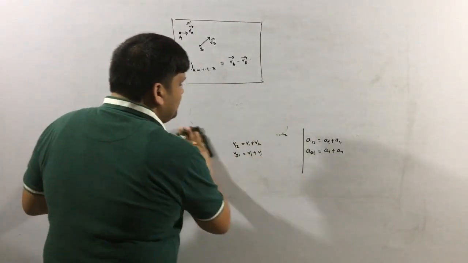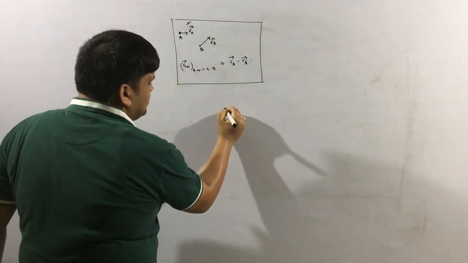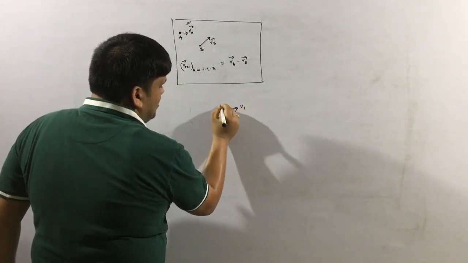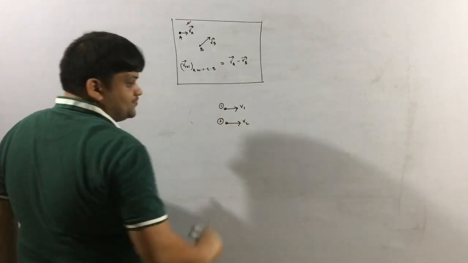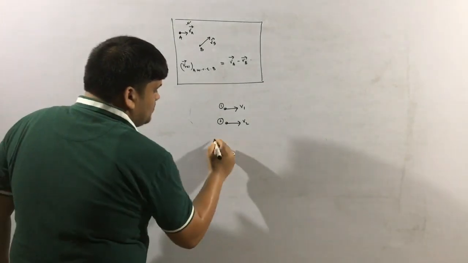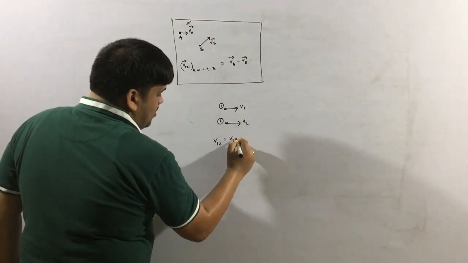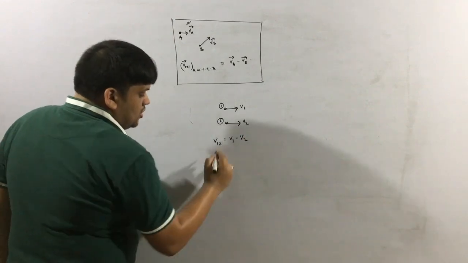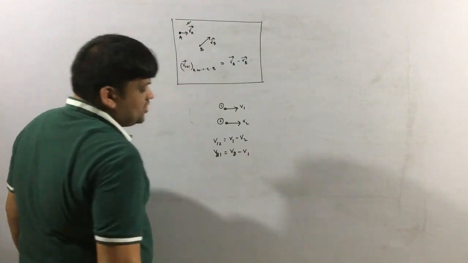Again, if two objects are moving in the same direction, let v1 be in this direction and v2 also in this direction, then v12 will be equal to v1 minus v2, or v21 will be equal to v2 minus v1.